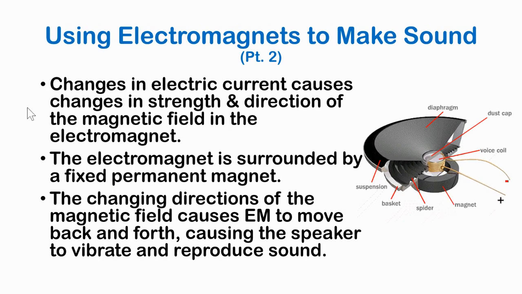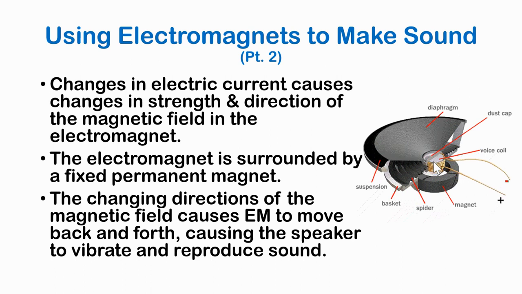Changes in electric current cause changes in strength and direction of the magnetic field in the electromagnet. You want more volume? Add more electricity. The electromagnet is surrounded by a fixed permanent magnet. Just like I described earlier, there's the fixed permanent magnet down here, and the electromagnet is just hovering right on top of it.